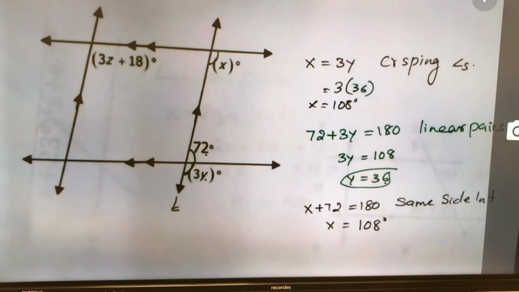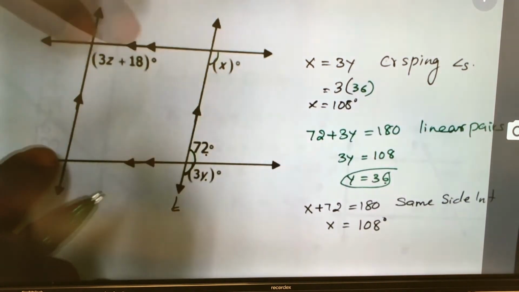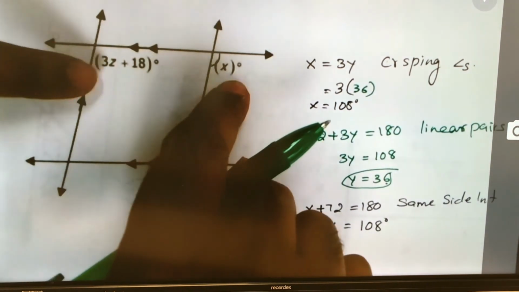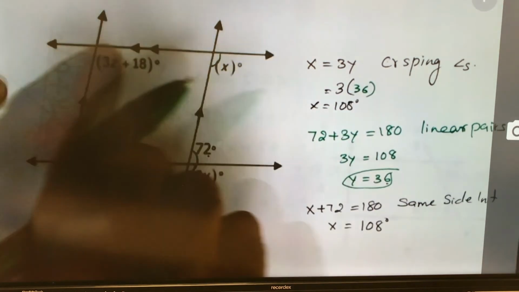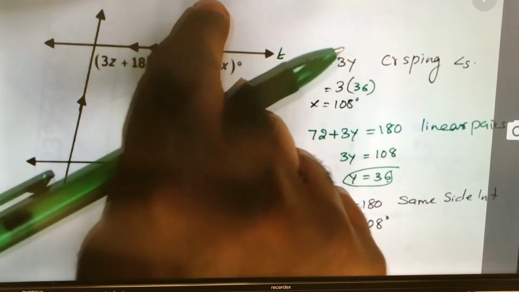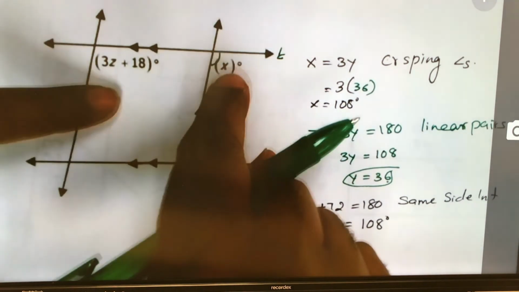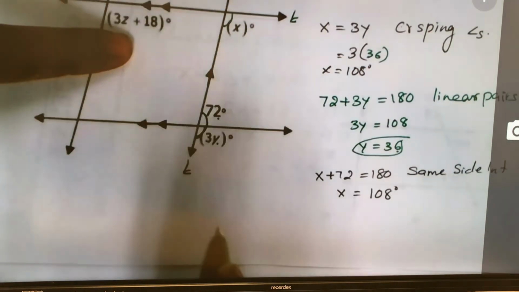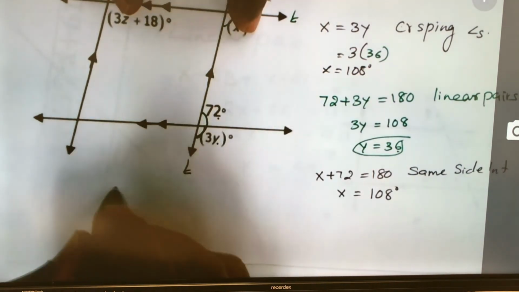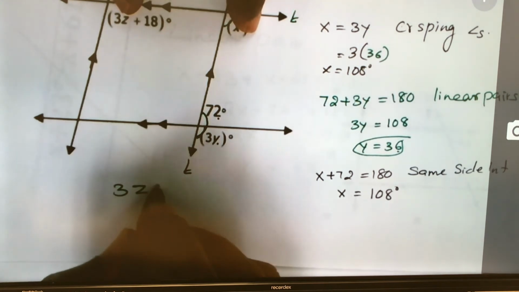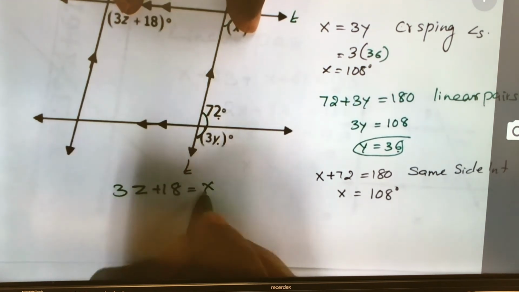Now we have the values for two variables. The third variable is z. When you look at this one, C is on this line, so I can connect these two. So this line becomes the transversal and these are the parallel lines. They are in the same location, so I could write they are corresponding angles. I could write 3z plus 18 is equal to x.